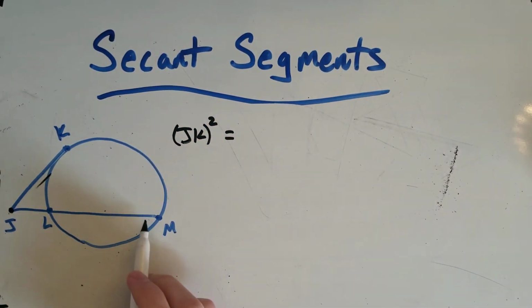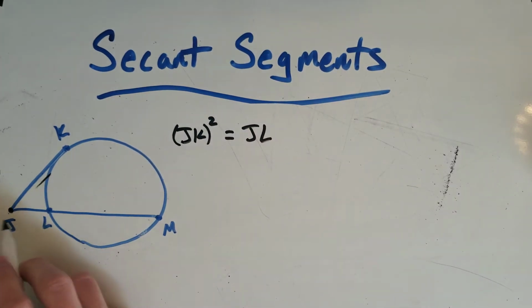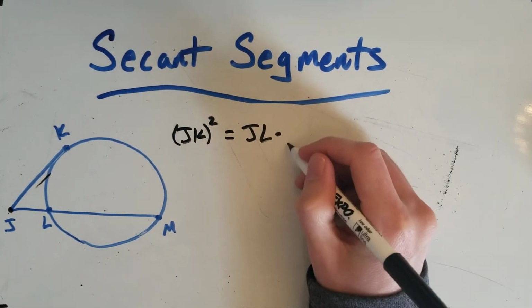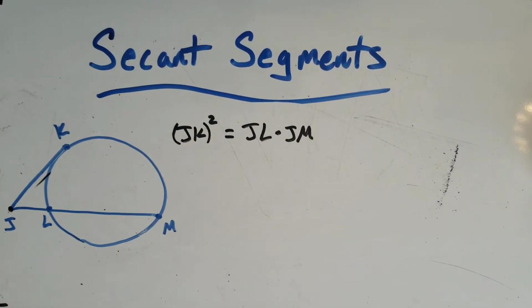So JM times your JL, the external segment and the whole secant segment JM. That's going to be the relationship that exists here.